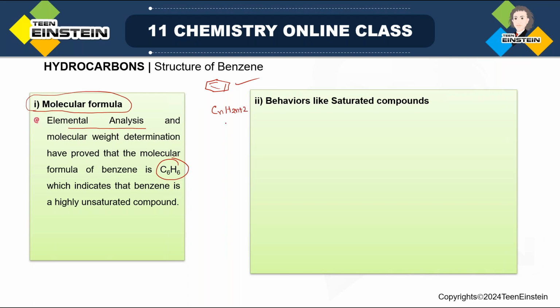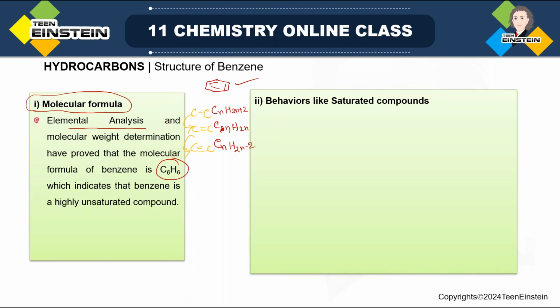When we move to alkene, the formula becomes CnH2n. When we move to alkyne, the formula becomes CnH2n-2. So when you move to more unsaturation, because here you have a C-C single bond, here a double bond, here a triple bond, the number of hydrogens compared to carbon decreases. The same thing is here.